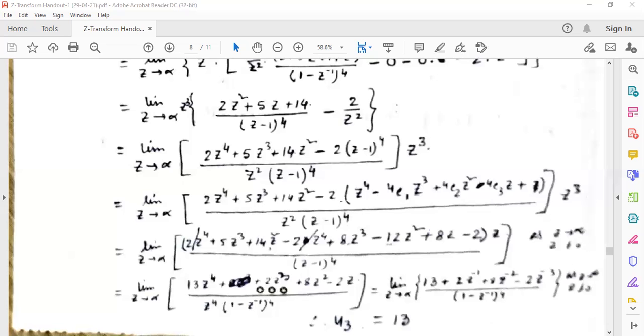Now withdraw the bracket. Then it will be 2z to the power 4 plus 5z cube plus 14z square minus 2z to the power 4 minus minus plus 4C1 means 4, 4 into 2, 8z cube. Here 4C2 means 6, 6 into 2, that is 12z square. 4C3 is also 4, 4 into 2, minus minus plus 8z, then minus 2 into 1 minus 2, and whole thing z.